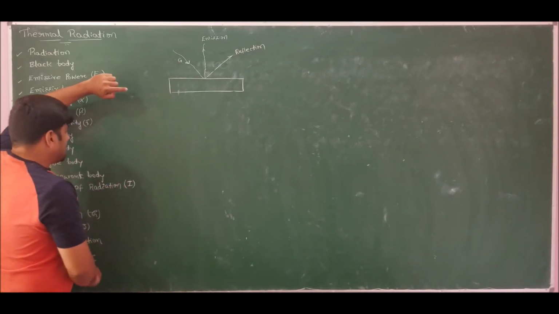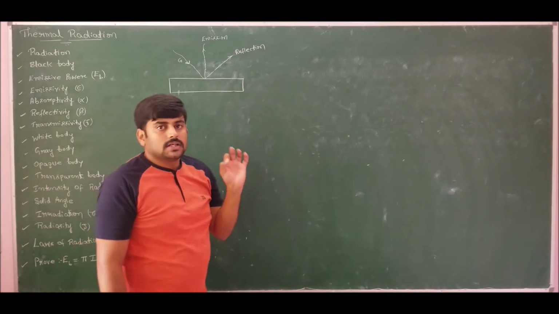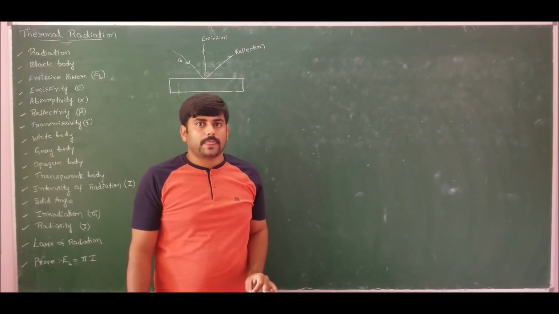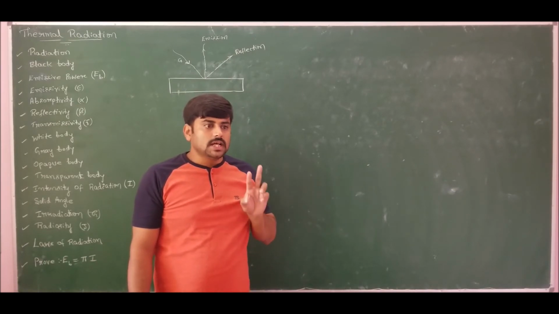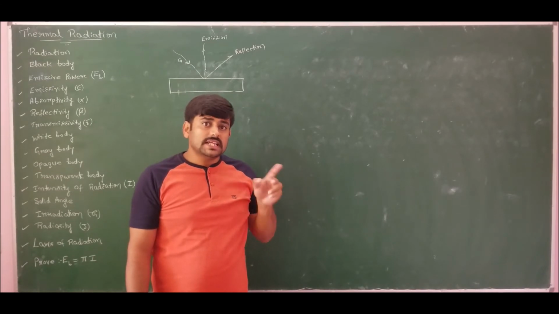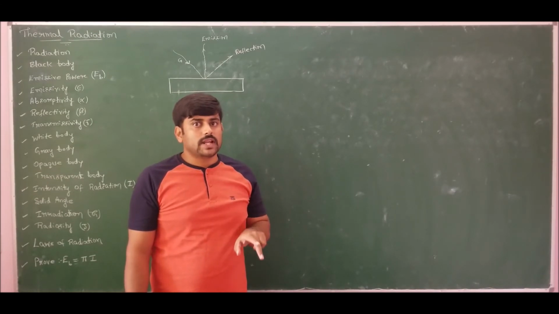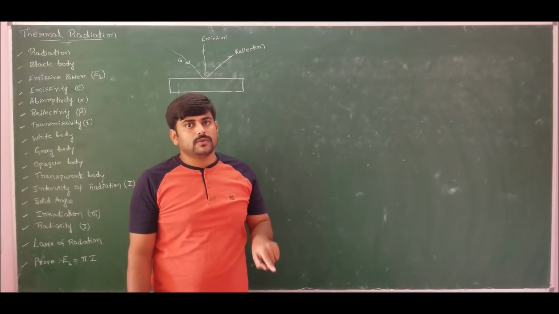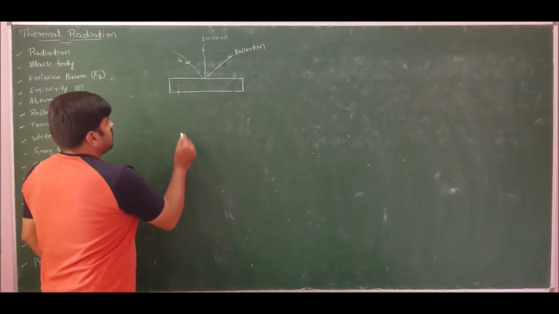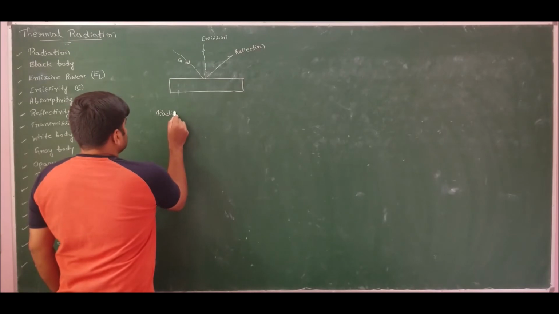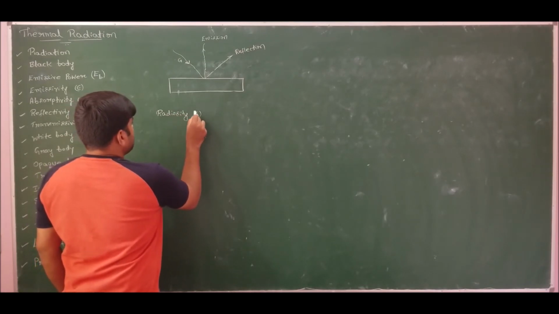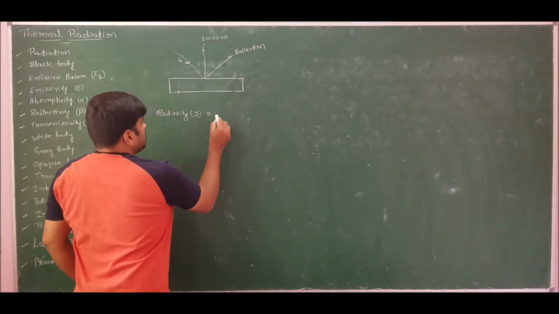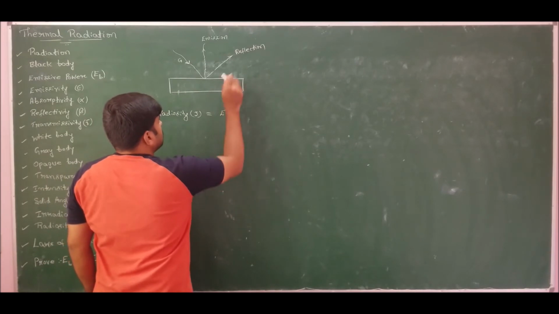Next, coming to radiosity. Radiosity is defined as the amount of radiation leaving the surface per unit area per unit time. The difference between radiosity and irradiation is that irradiation is the amount of radiation incident on a surface per unit area per unit time, whereas radiosity is the amount of radiation leaving the surface per unit area per unit time. If I consider the radiosity J, the amount of radiation leaving the surface per unit area per unit time is because of emission and reflection.